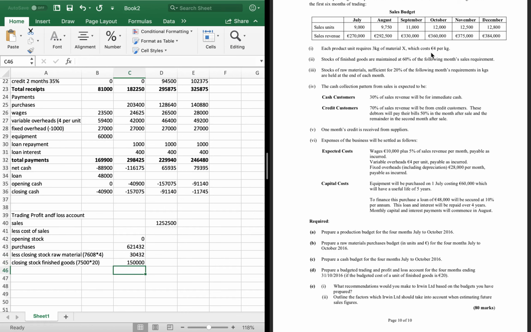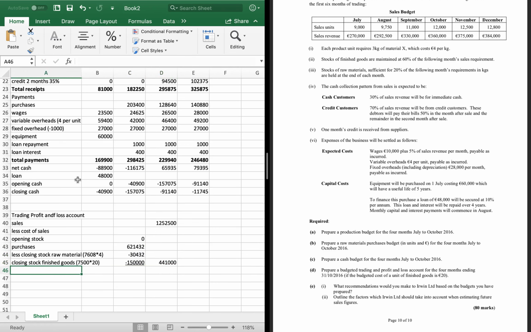Okay, so let me just turn those into minuses there.